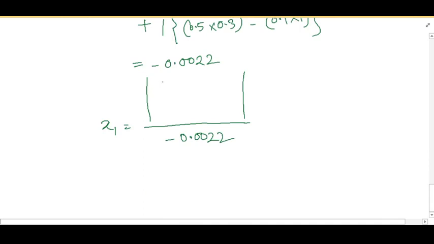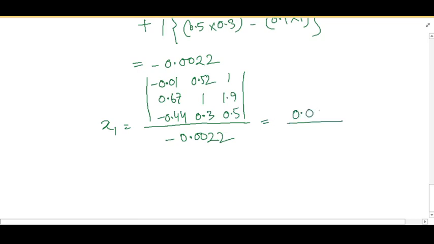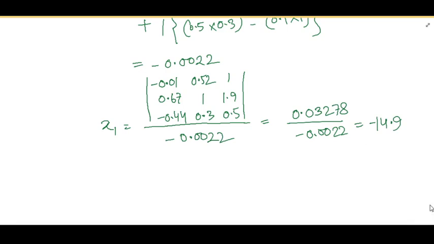So it will be minus 0.01, then 0.67, then minus 0.44, replacing here, and the other values of the coefficient matrix will remain the same, 1.9, 0.5, and this will be equal to 0.03278 divided by minus 0.0022, which is equal to minus 14.9, we can say.